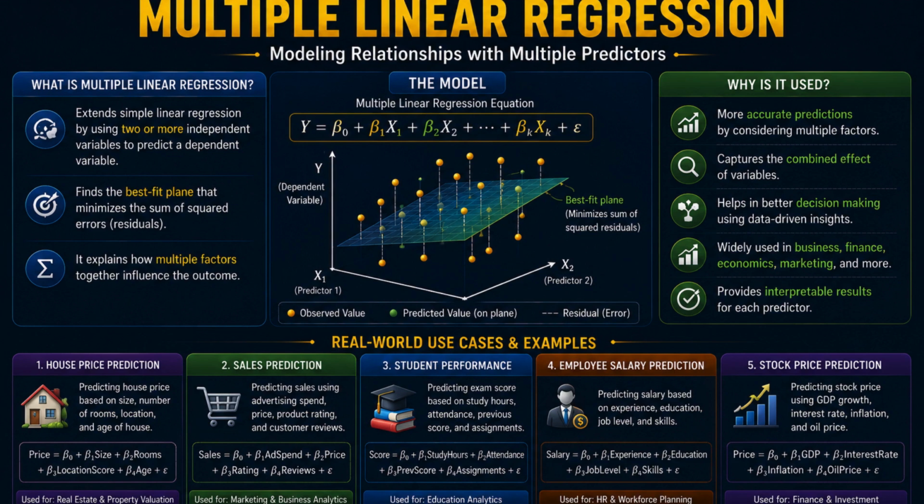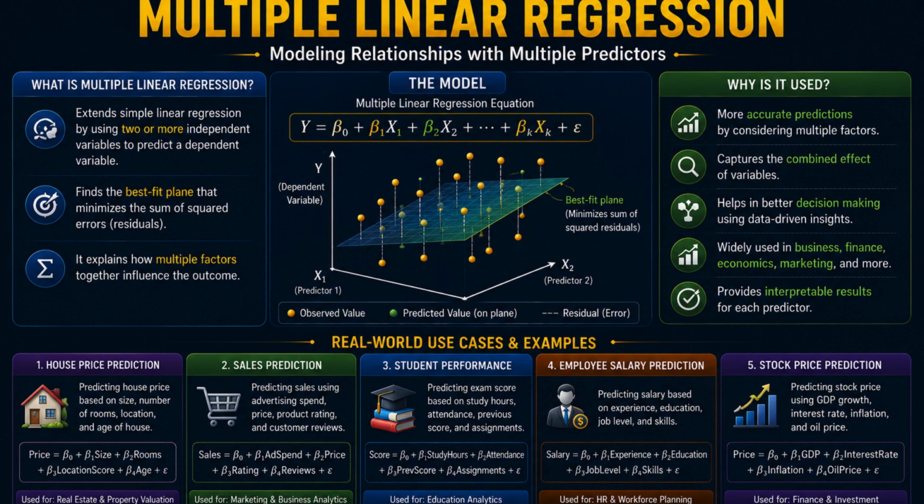One of the biggest advantages of multiple linear regression is that it also tells us the contribution of each independent variable, while keeping all the other variables constant. This helps businesses identify which factors are actually driving the results, and which ones have very little impact. That's why multiple linear regression is one of the most widely used techniques in data analytics, finance, economics, healthcare, marketing, and machine learning.